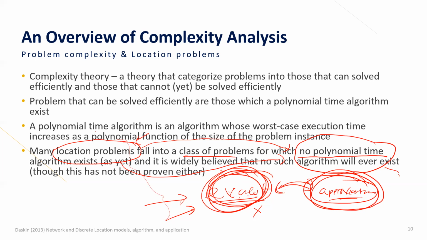Even though I cannot guarantee this is the best, with a good design of the approximation algorithm, you can approximate the exact result, even though you cannot be sure that it is optimal. That's why this second type of algorithm exists.